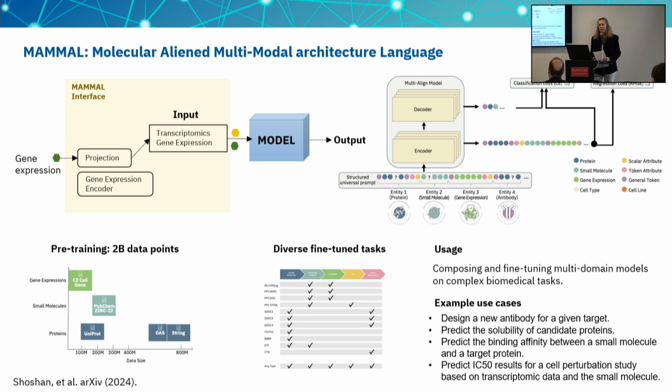The very first model, the architecture, the approach we call MAMMAL, which is a molecular aligned multimodal architecture language. And the model that we have generated from that is based on 458 million parameters, and the full name of the model represents the different things that we captured within this model.